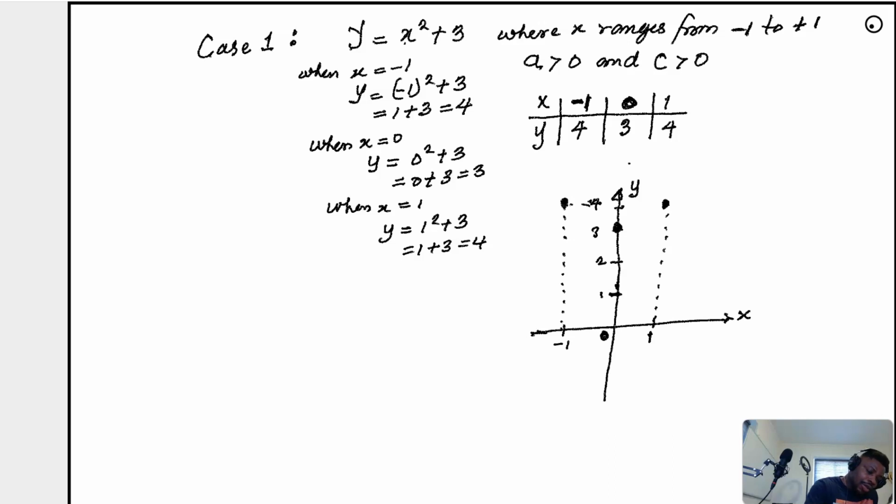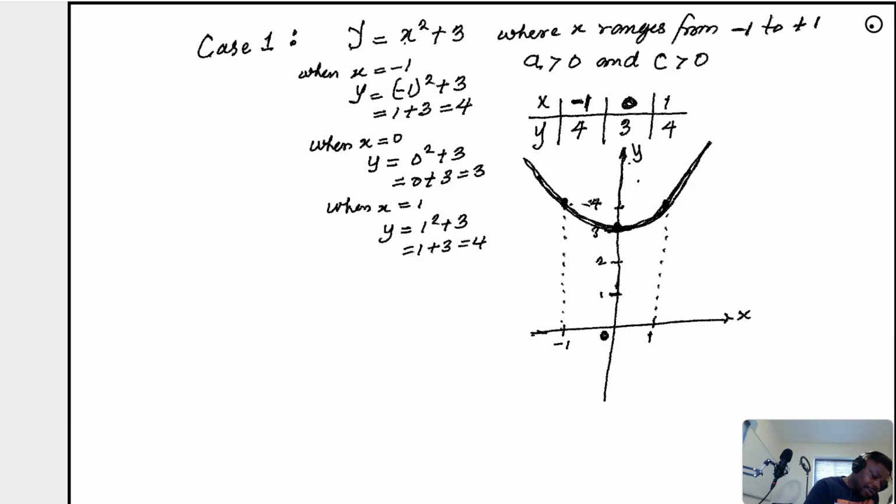So according to the points that I have, the curve is going to be like this, here. That means the curve is intersecting with y at 3.